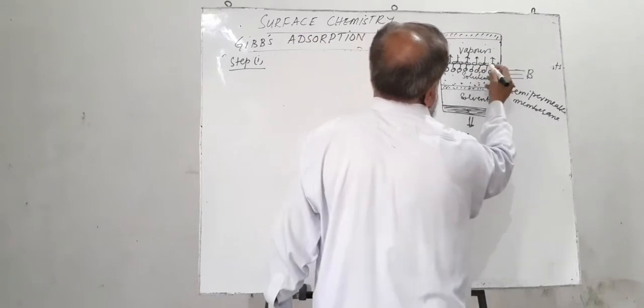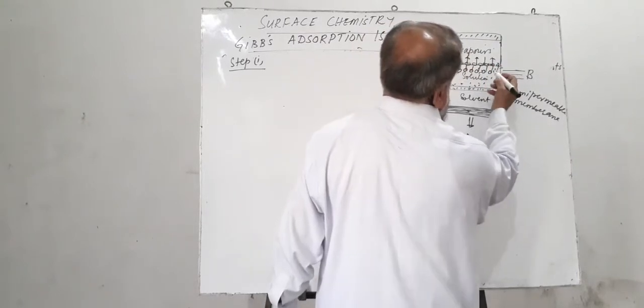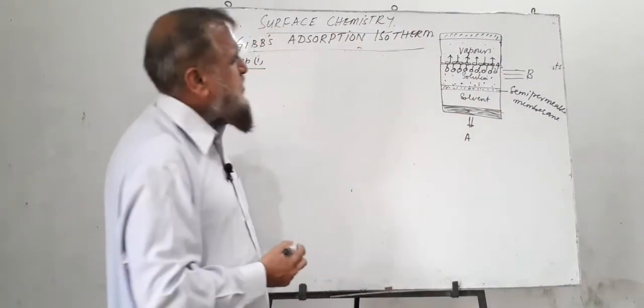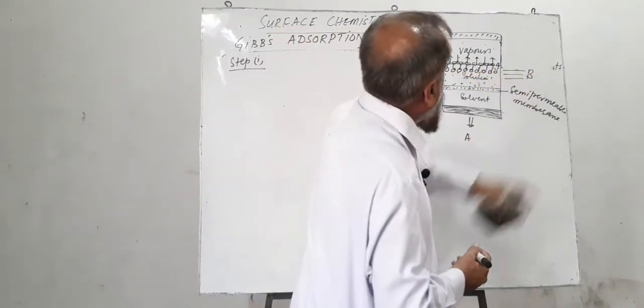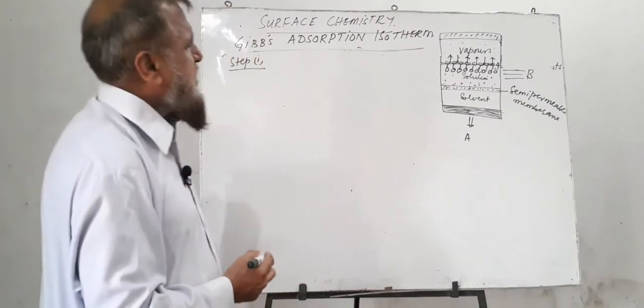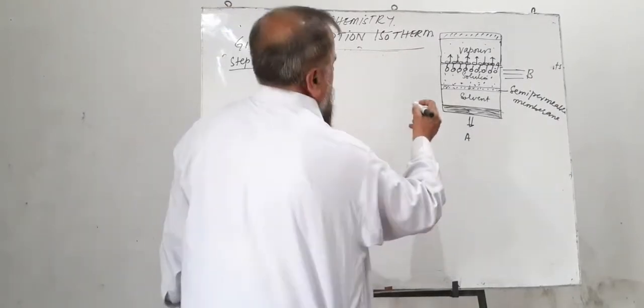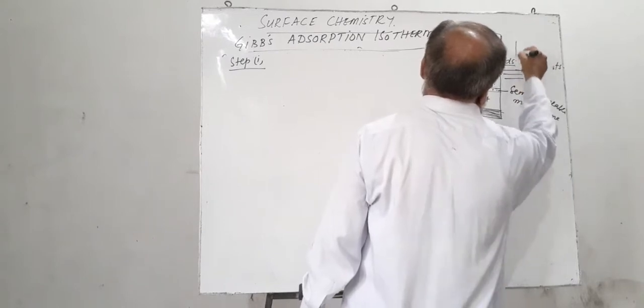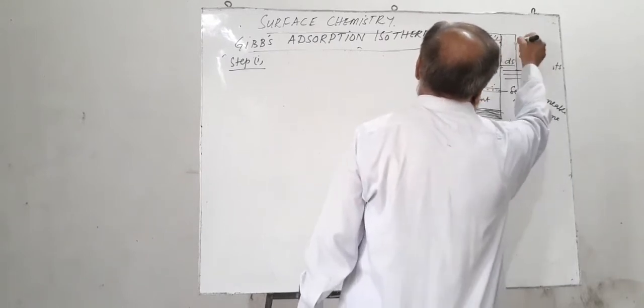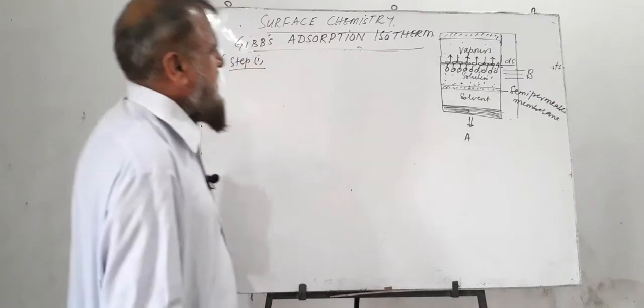So we push the piston B outwards against the force of surface tension through a small distance ds. The surface is expanded through a small distance ds.